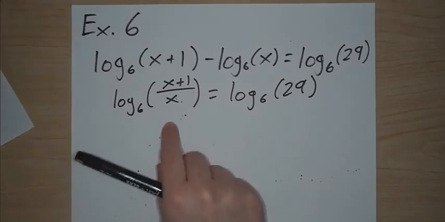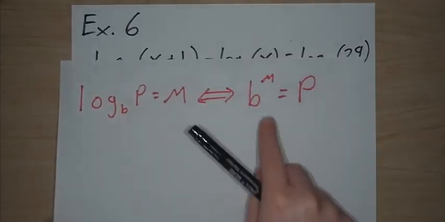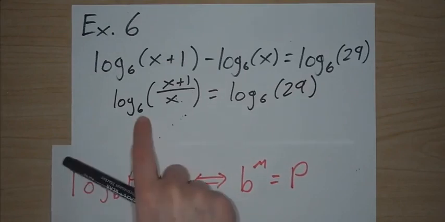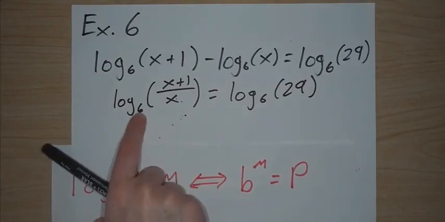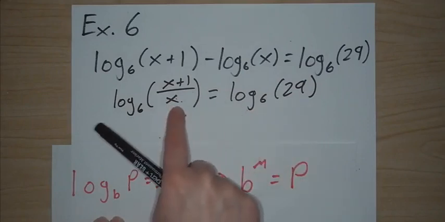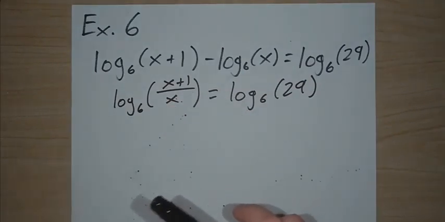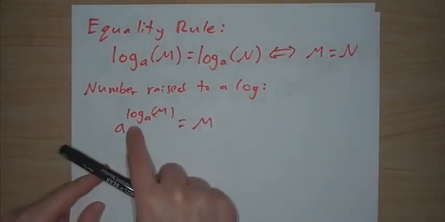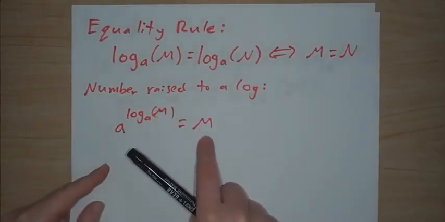We could put this into exponential form, and we would have 6 to the log base 6 of 29 is equal to x plus 1 over x, and then use the number raised to a log rule, a to the log base a of m is equal to m.